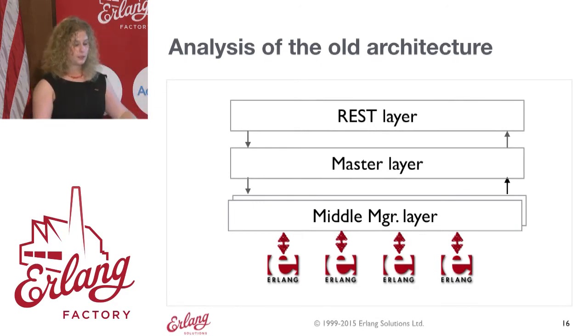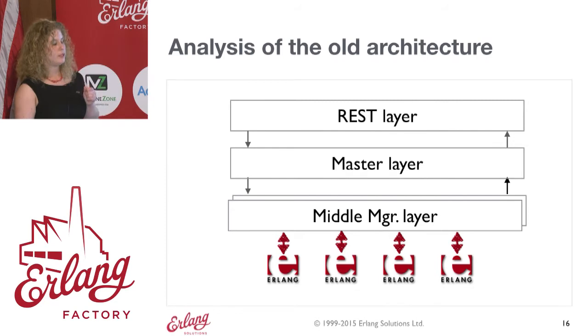The bottom layer are the middle managers. They were communicating directly with Wombat agents, you know, those running on the managed nodes. Multiple middle managers can exist, and they can be deployed to a set of Erlang nodes. It seems to support scalability, or not?